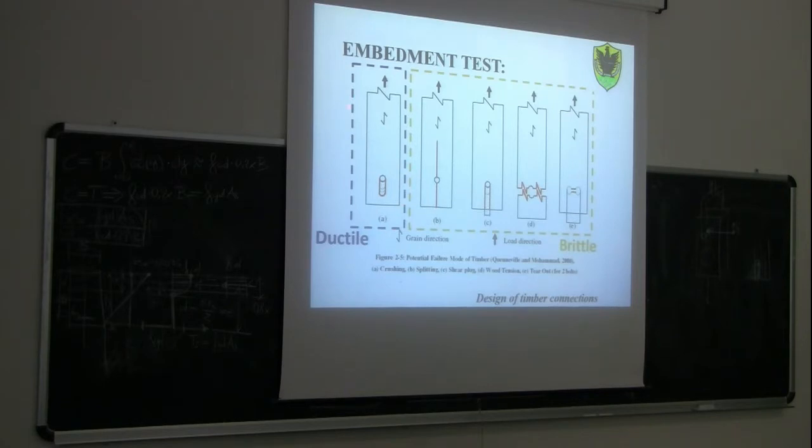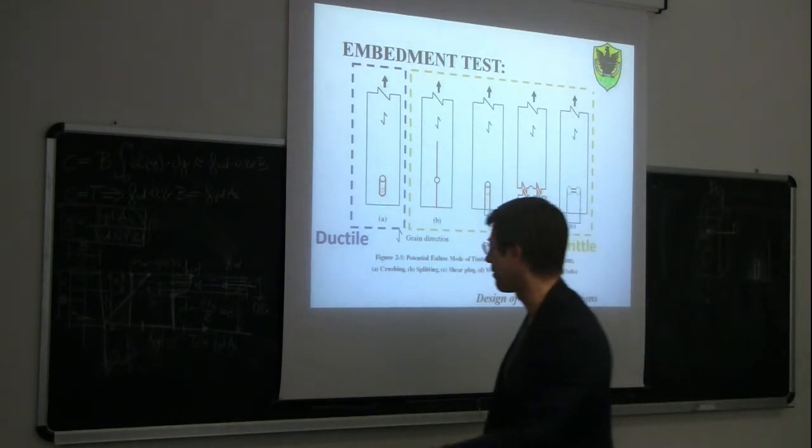Because if the failure should occur in this other way, then the lower bound theorem is no longer applicable. And this means that the solution that we find is not necessarily a lower bound of the actual failure load. So we are not sure that this is a conservative number. Okay? So we need to make sure that this is the only failure mechanism occurring in our connection system to be able to apply the Eurocode 5 formula.